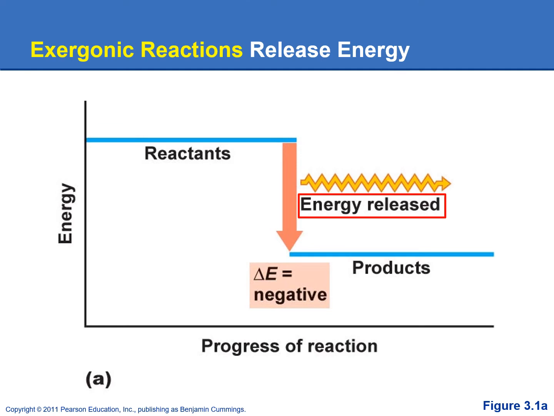Okay, so this just shows exergonic reactions. So the reactants have more energy to start with, and when you break them apart, break the chemical bonds holding that larger molecule together, we're going to release some energy, and then the products end up with less energy down here.